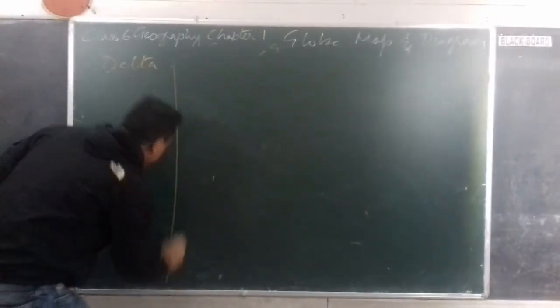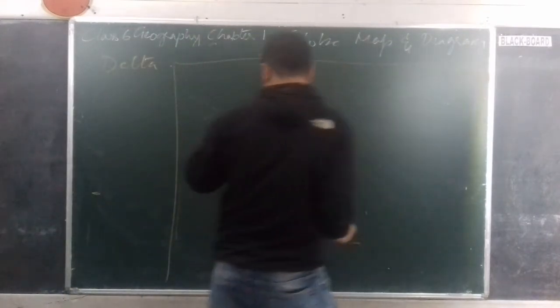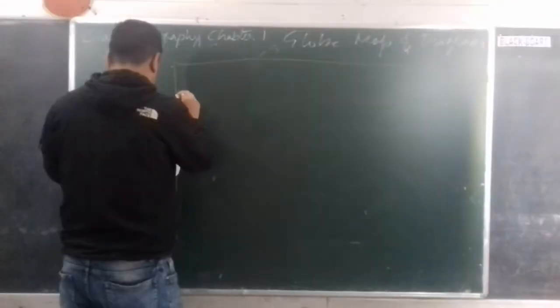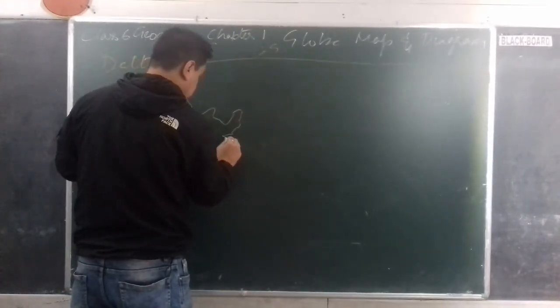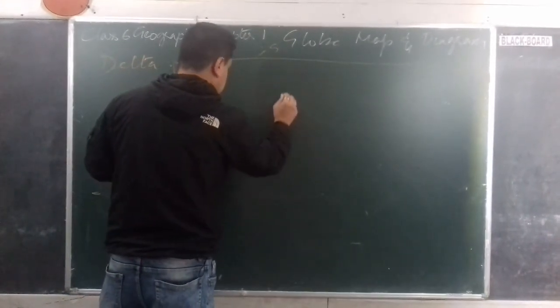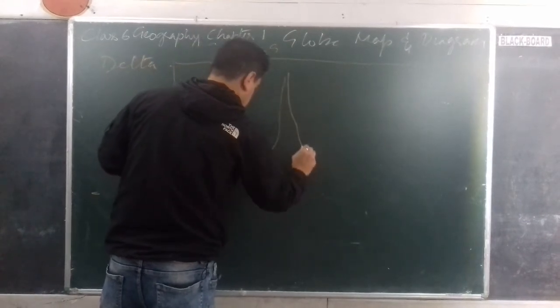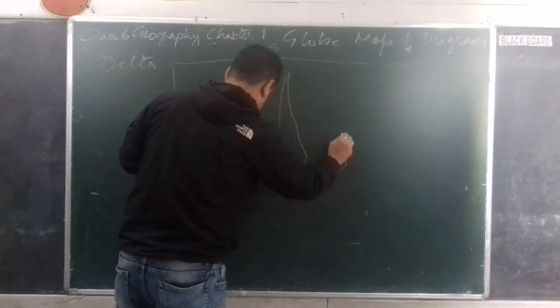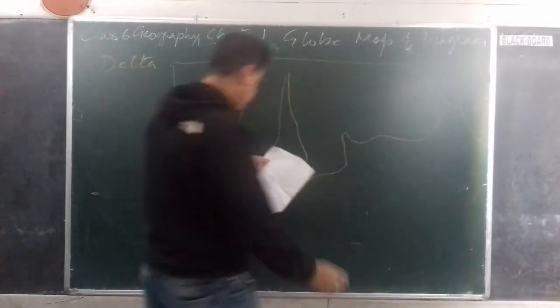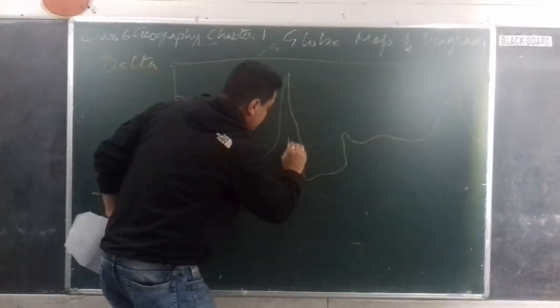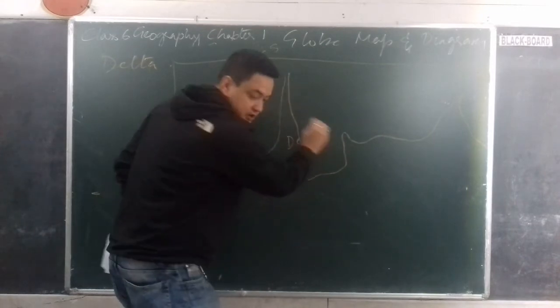Let's take for example, this is the map. Now this is called a delta.